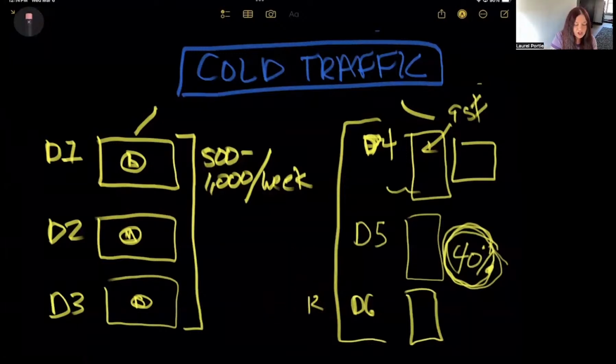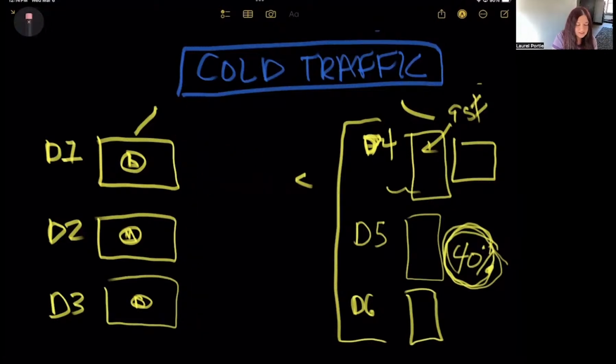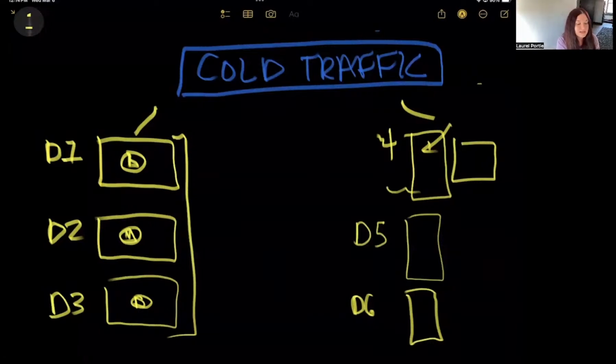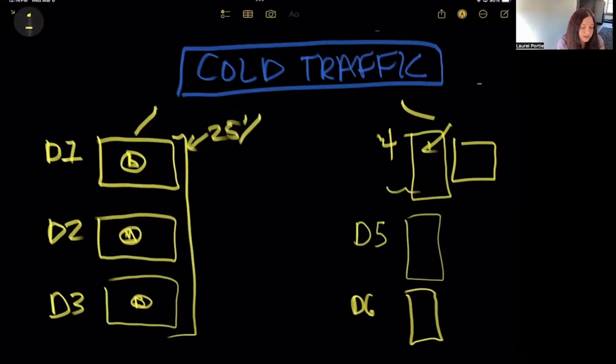So let's talk about optimizing this stuff, okay? Let's talk about how to optimize this, because if you are not getting your 500 to 1,000 people added to your invisible list every week, and you are hitting KPI, right? Look at it this way. We want 25% video views, okay?